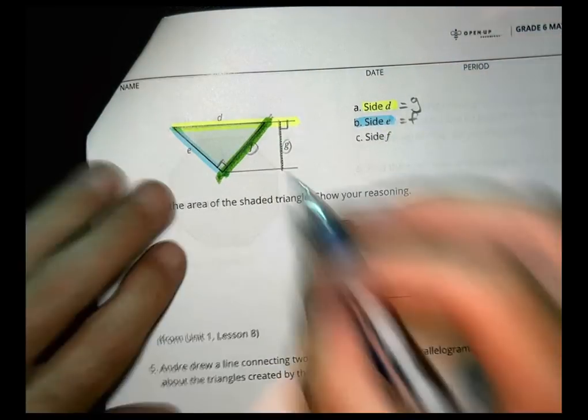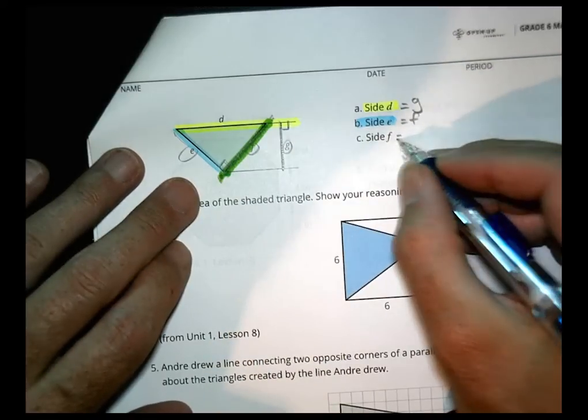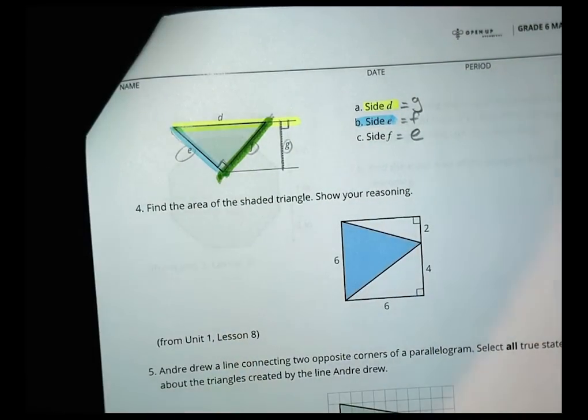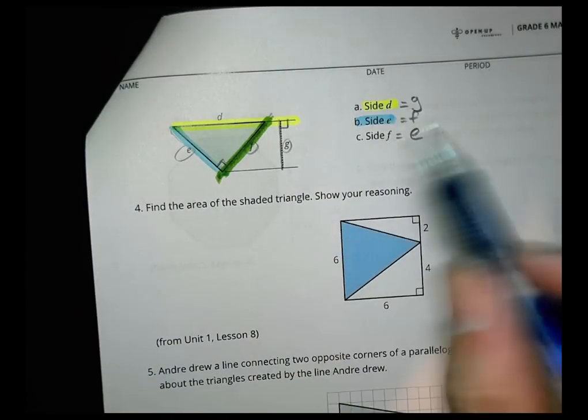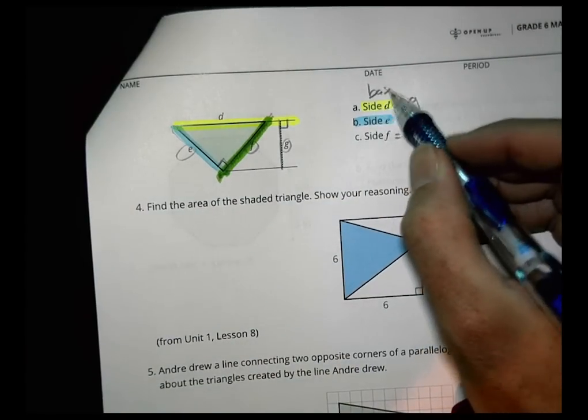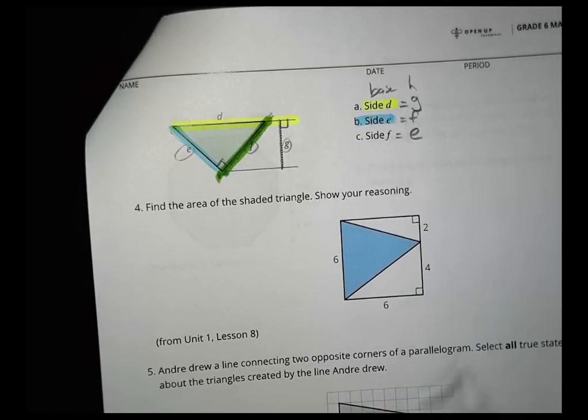Well, that would actually be right here, side E. And that's how it works. So you're actually looking at how each one of the sides can become a base, and then it can have a different height. And that's what we're proving there.